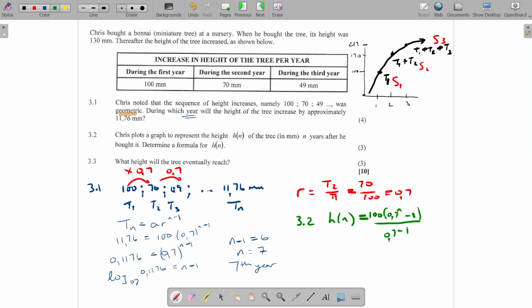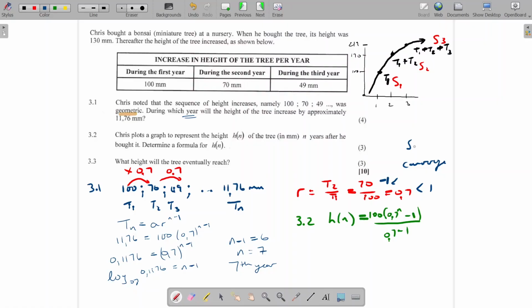Okay, so interestingly, that is our formula. What height will the tree reach eventually? Now, because this r value is between 1 and minus 1, because it is in between 1 and -1, it will converge. Okay, so sum to infinity would equal a over 1 minus r.